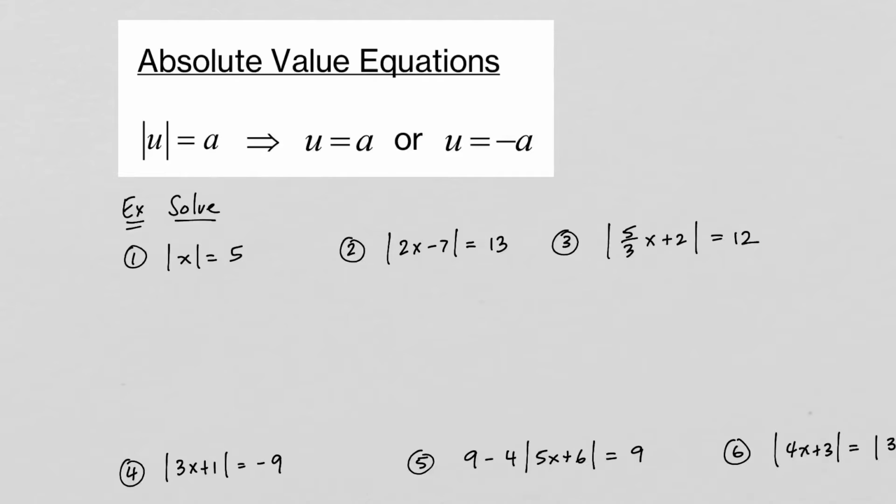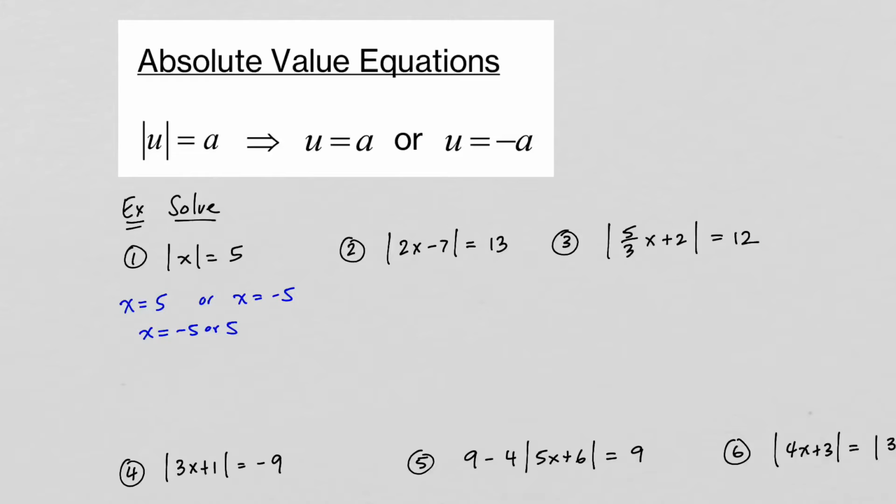And so for a first and simple example here, consider the absolute value of x is equal to 5. By the definition above, this can only be true if x itself equals 5, or if x is equal to -5. And so these are our solutions. We can write them like this, or we can say x equals -5 or +5.